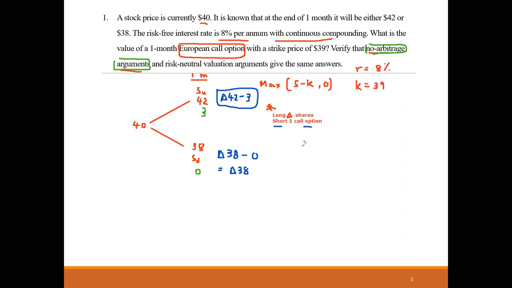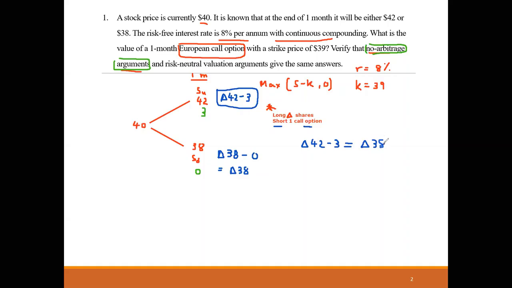If it goes up, the value of the portfolio is delta 42 minus 3, and this should be equal to the value of the portfolio if the stock price goes down, that is delta 38.